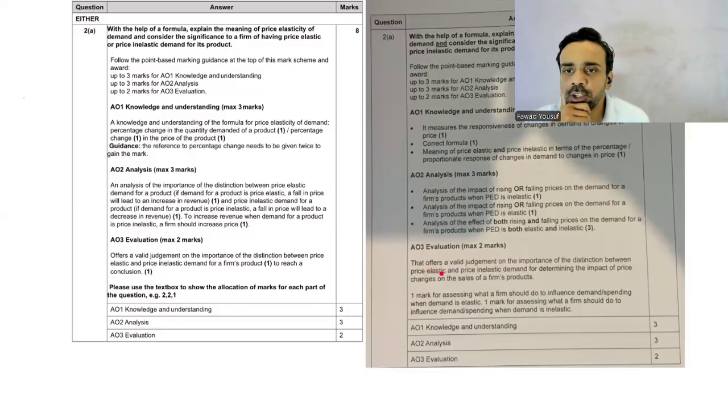Okay. That offers a valid judgment on the importance of the distinction between price elastic or price inelastic demand for determining the impact on price changes. Yeah, nothing much major. One mark for assessing what a firm should do to influence demand and spending when demand is elastic, and one mark for assessing what they should do to influence demand spending when inelastic. Okay, this is the evaluation they're looking for.